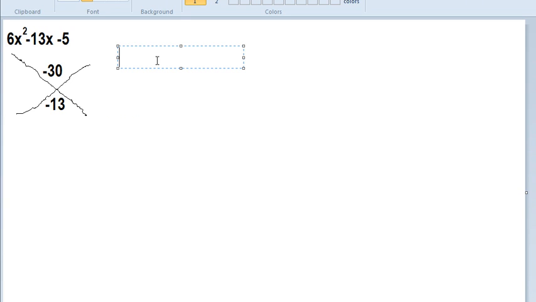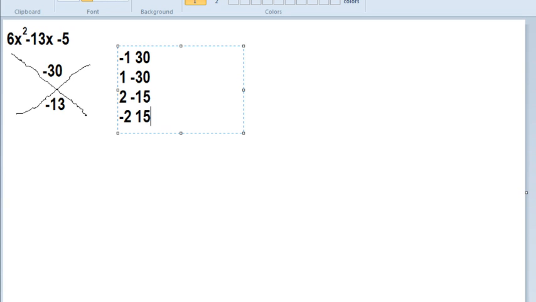Okay, so I know negative 1 and 30. I know 1 and negative 30. I know 2 and negative 15. I know negative 2 and positive 15. I know 3 and negative 10.